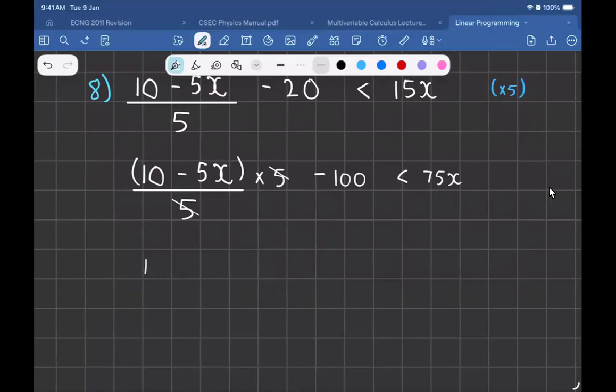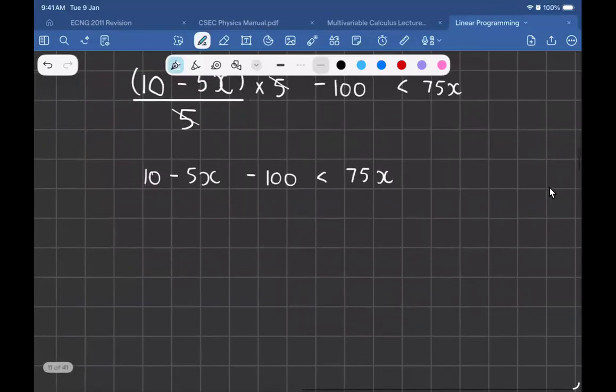What is the variable in this question? The variable is x, right? And how many variables do we have in this question? One.